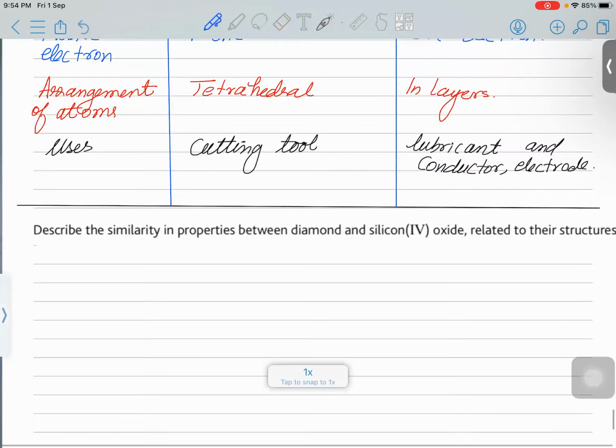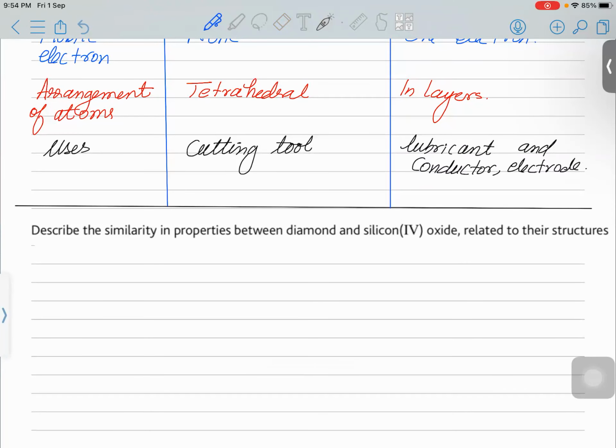Describe the similarity in properties between diamond and silicon dioxide.